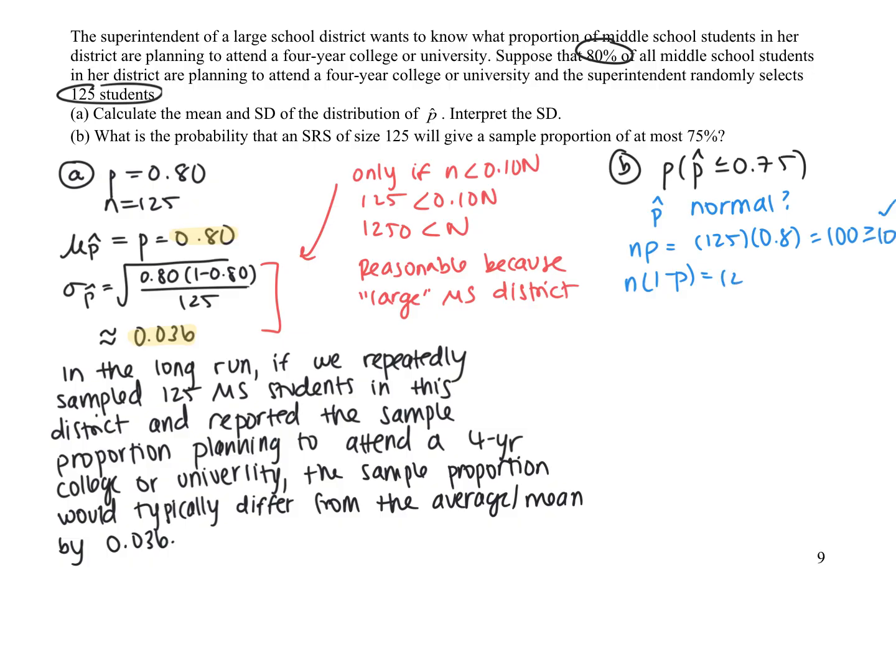Then we need 125 multiplied by 1 subtract 0.8, which is 25, which is definitely greater than or equal to 10. And so what we now know is that p hat has a normal distribution. We know the mean of p hat is 0.8 because we already calculated that. We know the standard deviation of p hat is about 0.036.